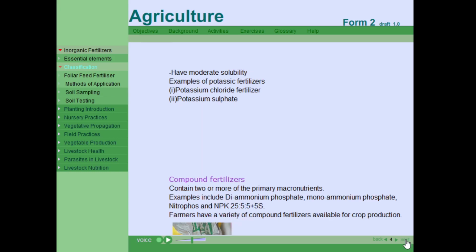Potassic fertilizers contain potassium as the only primary macronutrient, have moderate scorching effect, and have moderate solubility. Examples of potassic fertilizers: potassium chloride fertilizer and potassium sulfate.